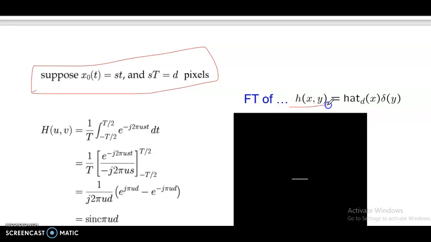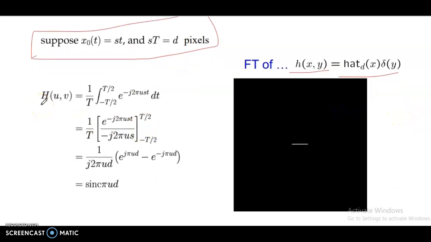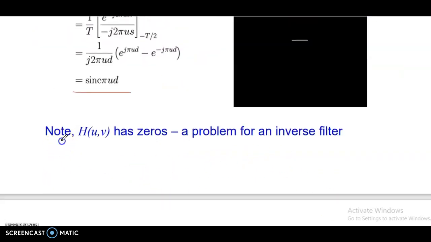The Fourier transform of h(x,y) equals rect d(x) delta(y). H(u,v) equals 1/T times the integral from -T/2 to +T/2 of e^(-j2π u s t) dt, which equals 1/T times e^(-j2π u s t) divided by (-j2π u s), evaluated over the integral from -T/2 to +T/2. This gives 1/(j2π u d) times (e^(jπ u d) minus e^(-jπ u d)), which equals sinc(π u d). Note that H(u,v) has zeros, a problem for an inverse filter.